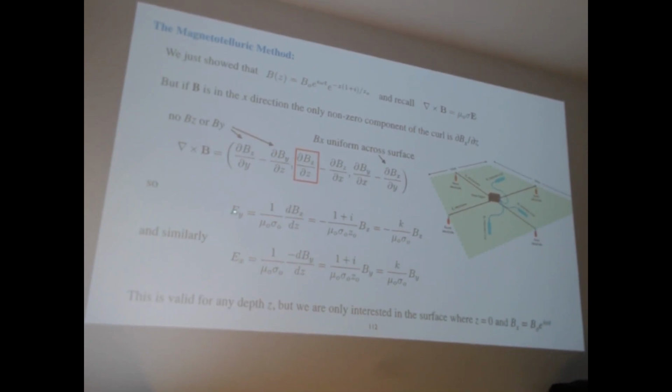So I end up with the y electric field is the complex wave number k divided by sigma mu times the Bx. And I could do that again for the y induction and work out that the y magnetic field creates an x electric field with the same relationship here, but no minus sign. These equations are valid anywhere in the half space, but I'm really only interested in where I'm making the measurements, where z equals 0.